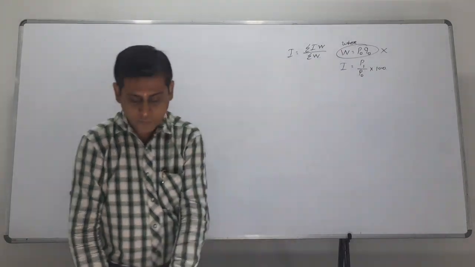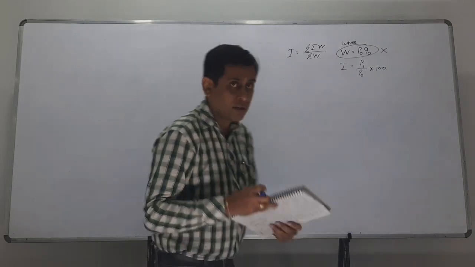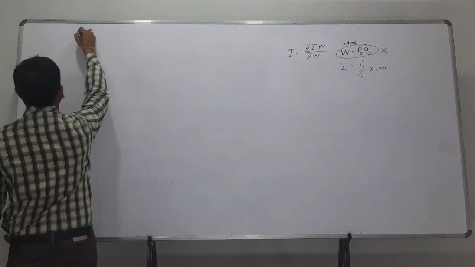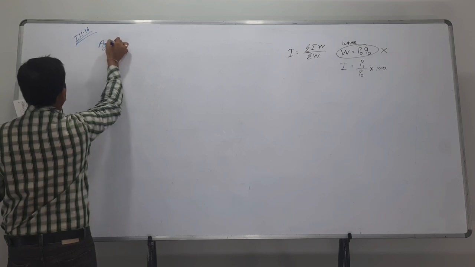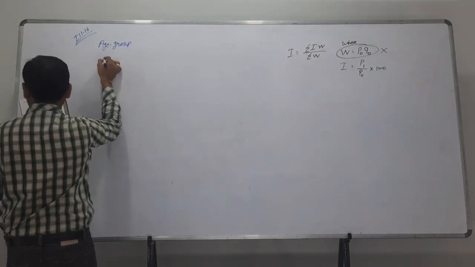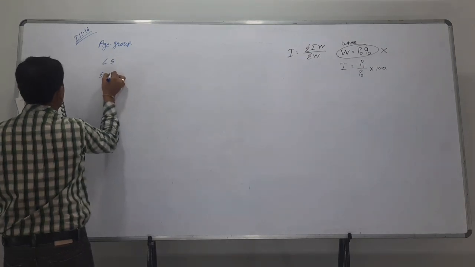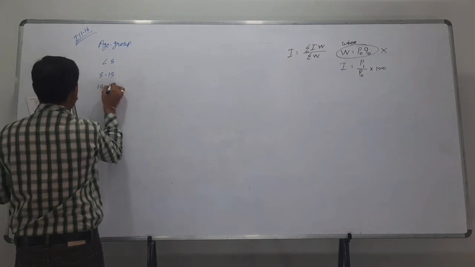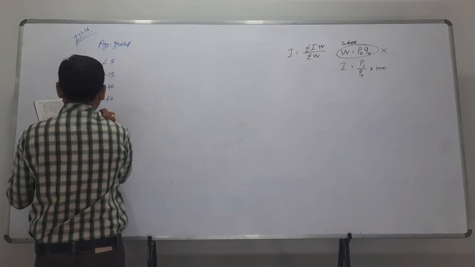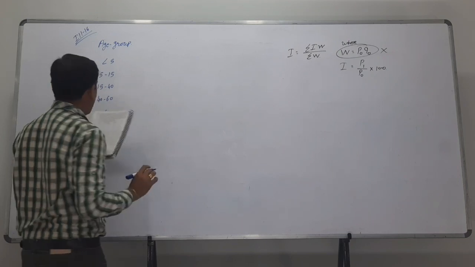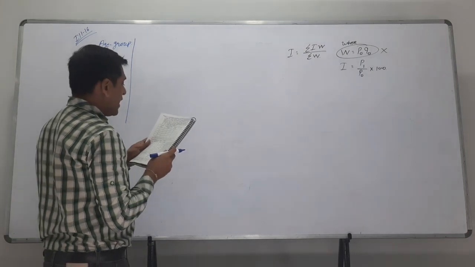Okay, so right now I am finding that. See, first of all, what is given? Age group in the years: less than 5, 5 to 15, 15 to 40, 40 to 60 and greater than 60. Right? Now, what is that?